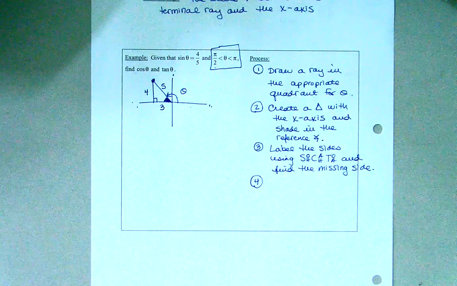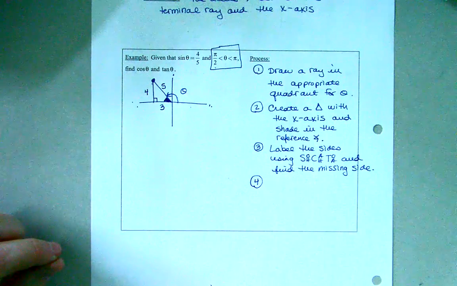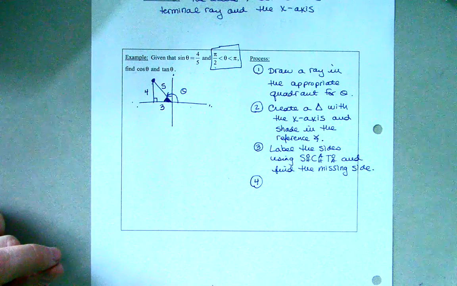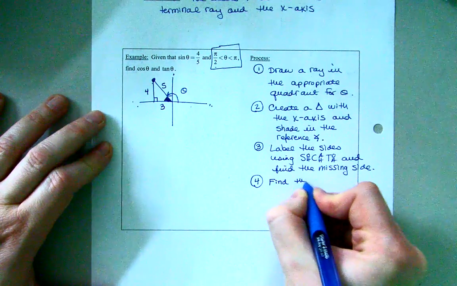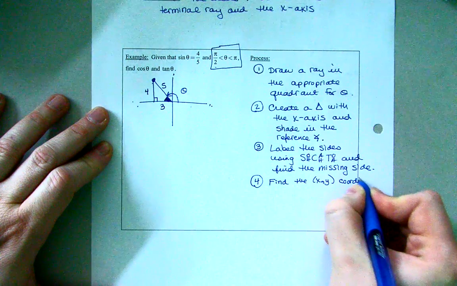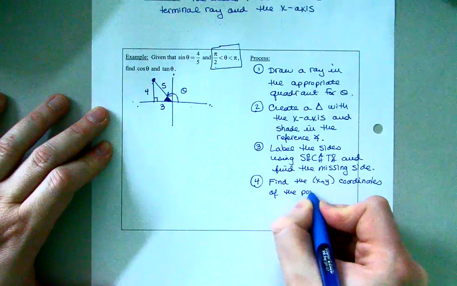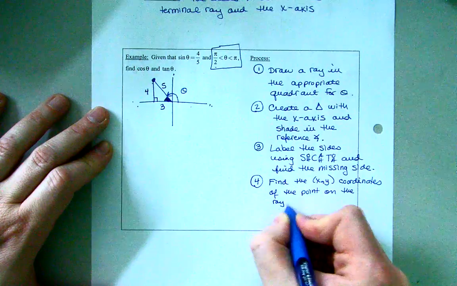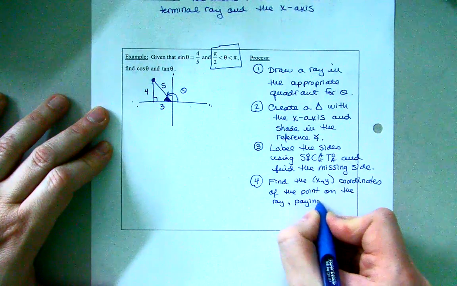So what I need to do is find the x, y coordinates of the point on the ray, paying very close attention to the signs, the positive, the negative part of that.